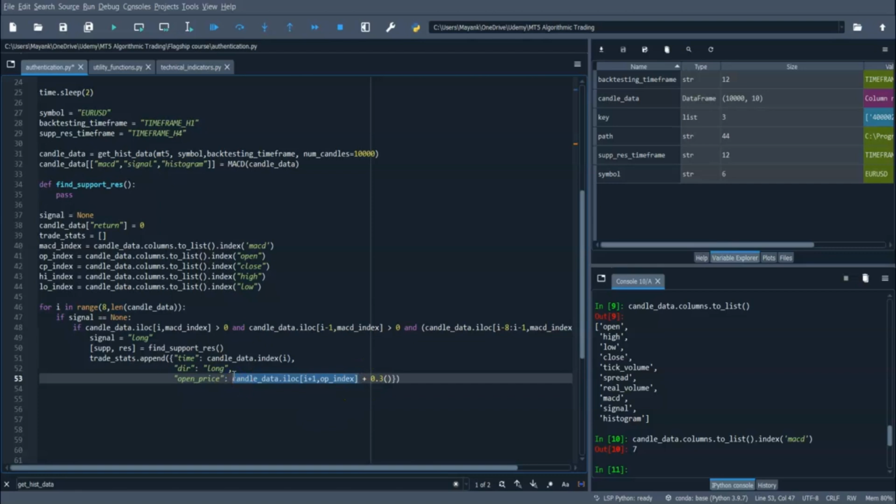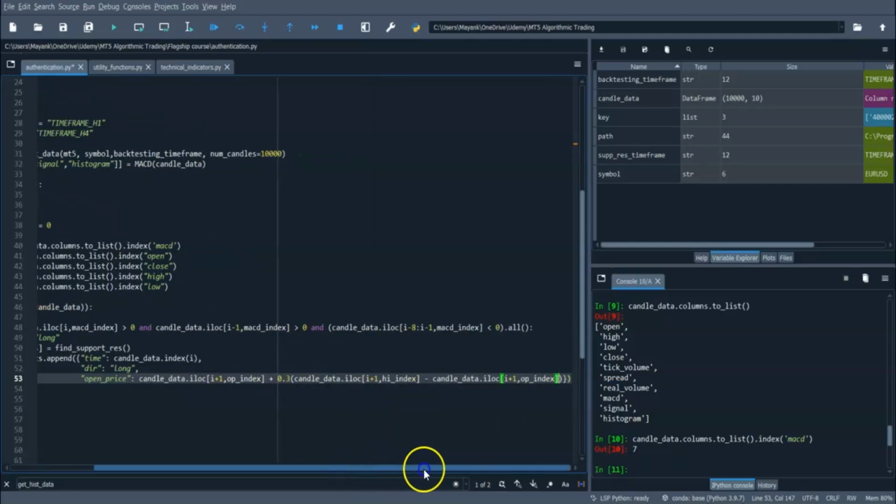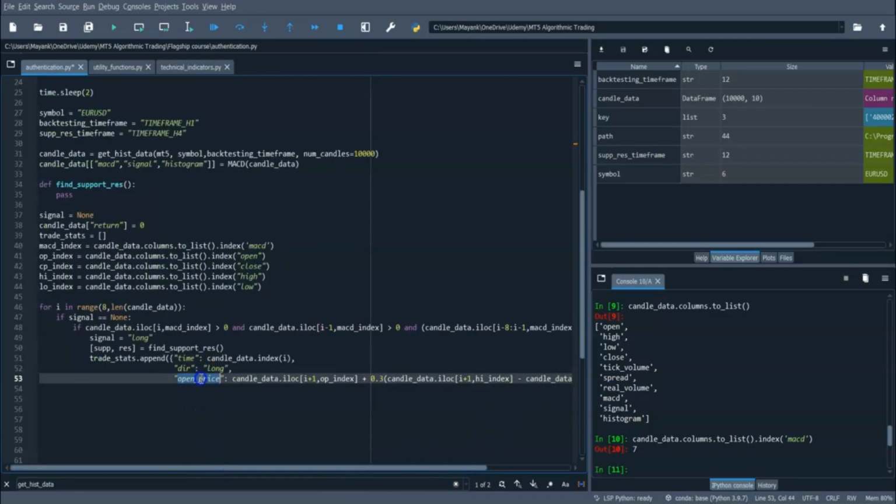It's good to be conservative. This would be the high index, HI index minus the open index. So this would give us an open price including slippage. What else do we need? We need the close price. The close price at this point is none because we have just opened this trade, so there is no concept of close price at this point of time.